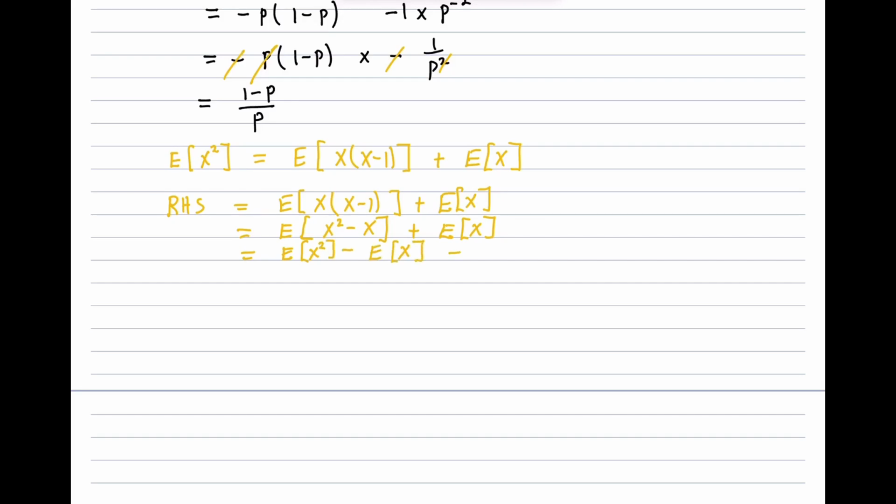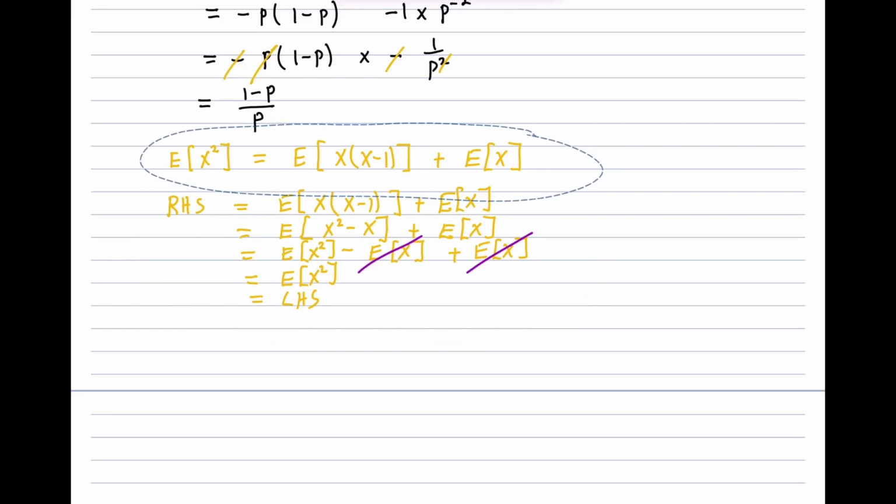And then we've got the expected value of x here. And of course, this negative expected value of x cancels with this expected value of x. We're left with the expected value of x squared, which is the left-hand side. So this was just a bit of a formal proof of why this happens to be the case.